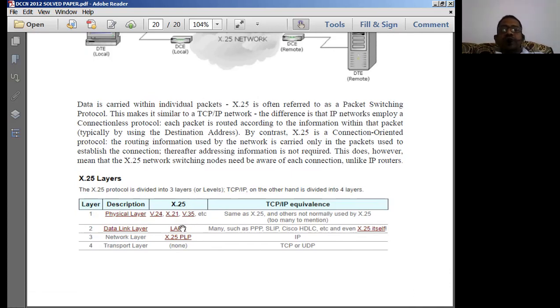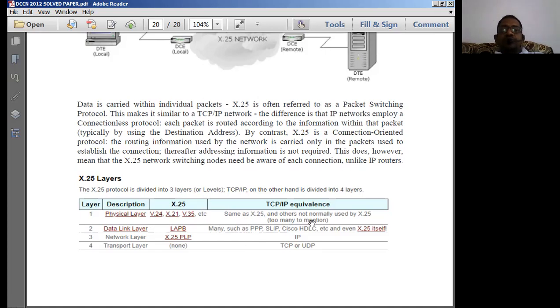X.25 has protocols like V.24, X.21, and V.35 used at the physical layer to communicate. TCP/IP uses the same as X.25; all these protocols can be used.